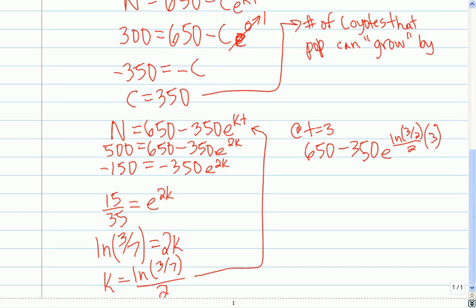And we'll get, let's see here, 350, I'll plug this all into the calculator. 3 out of, oh sorry, that should have been a 7, not a 2. 3 out of 7 divided by 2 for 3 years.